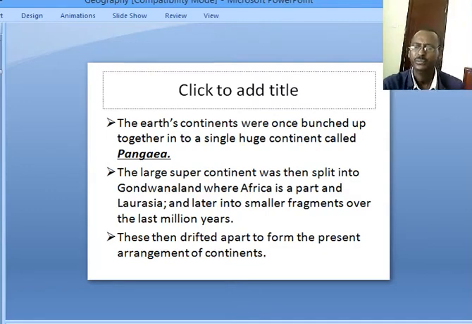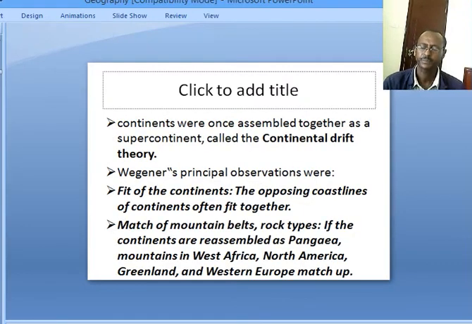These then drifted apart to form the present arrangement of continents, meaning that finally it gave us the current shape of continents.